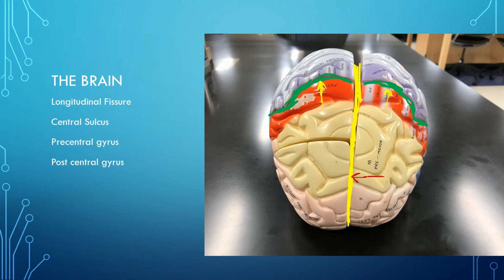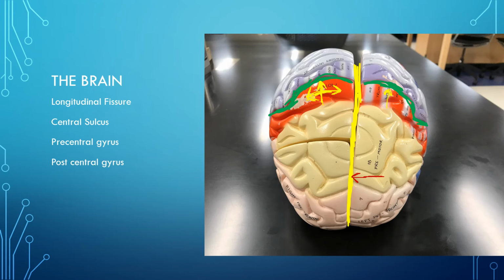The precentral gyrus, which is highlighted in red here, is this red band that goes across both hemispheres. The precentral gyrus is where we're going to find the primary motor cortex. Many of the neurons that initiate movement of our body parts are located in this raised area of the brain.